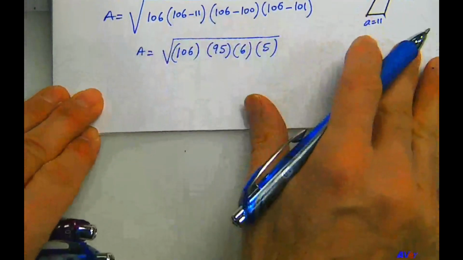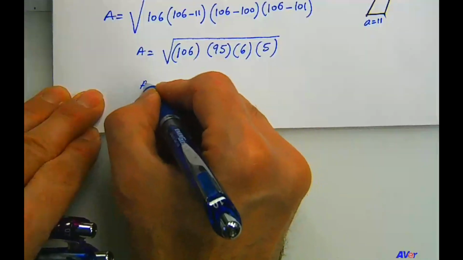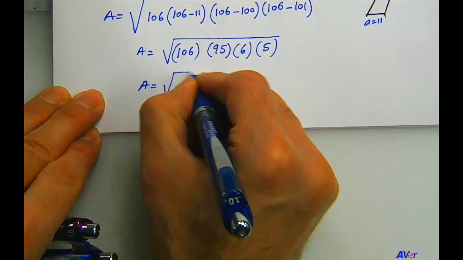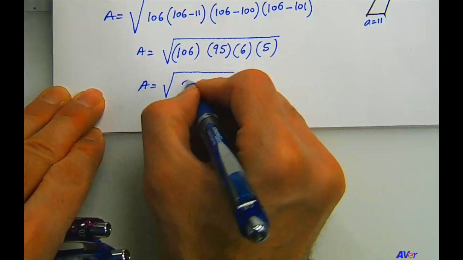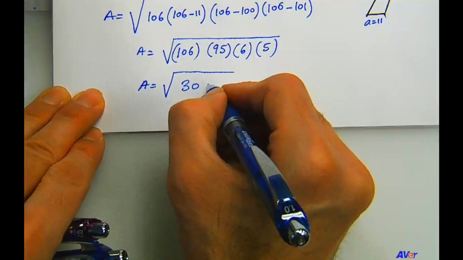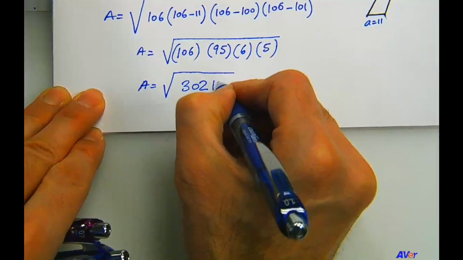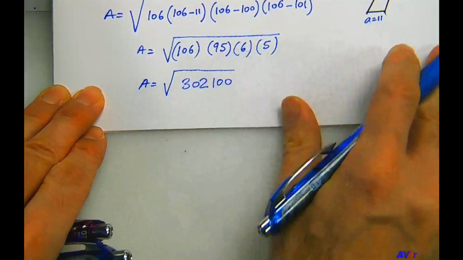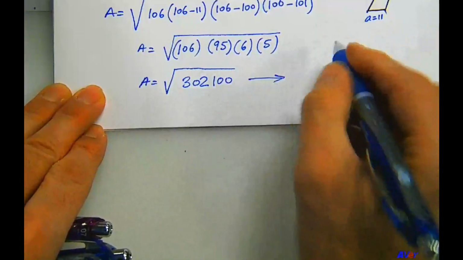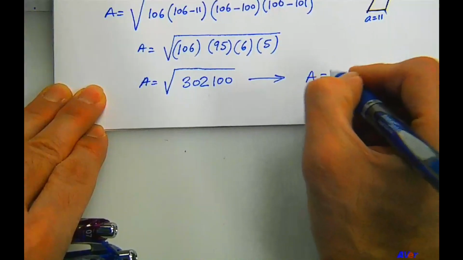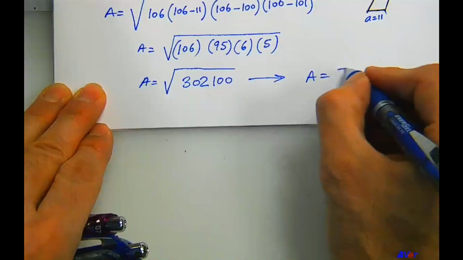Right? Multiplying all of those, we have A equals square root of 302,100.